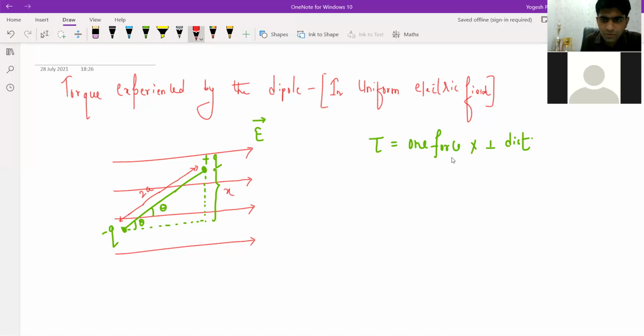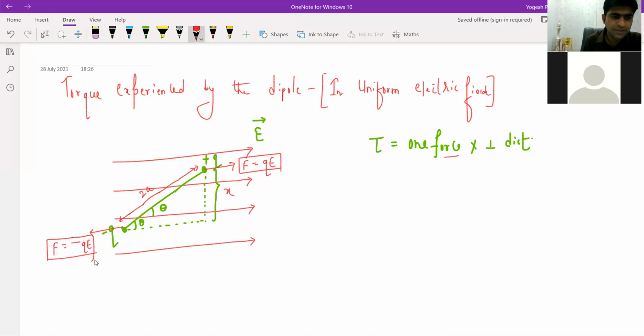If we talk about force, on positive charge the force always acts along the direction of electric field, and that will be equal to QE. F is equal to QE on positive charge, and F is equal to minus QE on negative charge, isn't it? Any doubt in this?